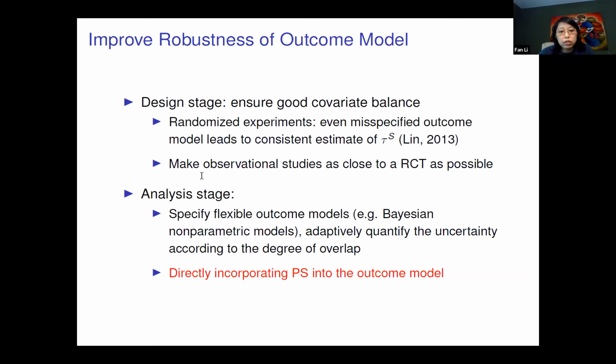The second consideration is, why don't we directly incorporate the propensity score in the outcome model? If you look at the outcome model, it's just the probability of Y1 and Y0 given X. How about putting the propensity score directly into that? And that is indeed what is done in the literature.